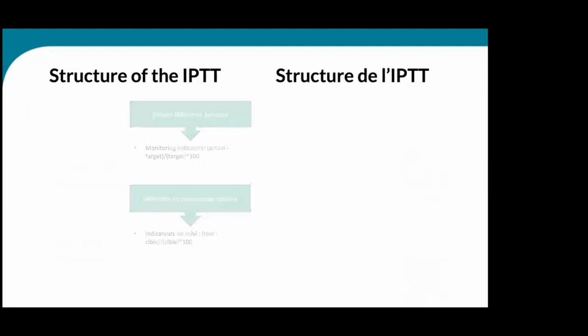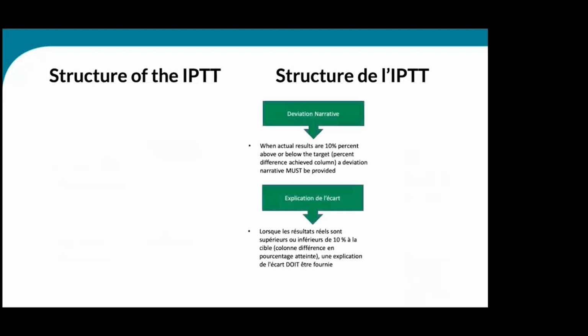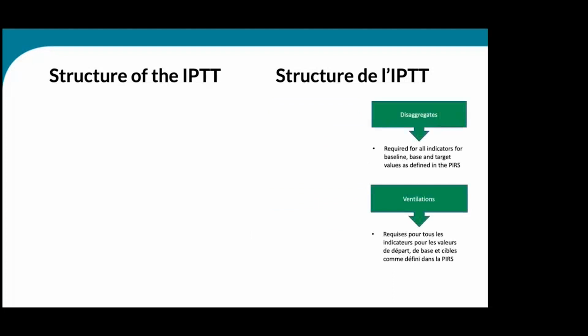And that also links with the following column, which is the deviation narrative. So when actual results reported are 10% above or below the target, this is where you'll need to provide an explanation of why there was this difference between the actual and the targets. And also any disaggregates, which should be outlined in the PIRs for all the indicators.